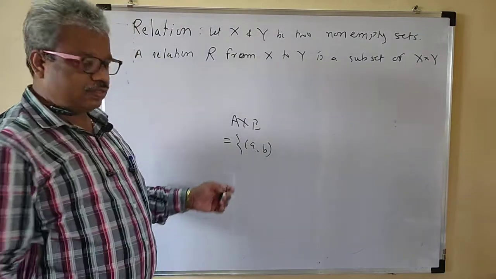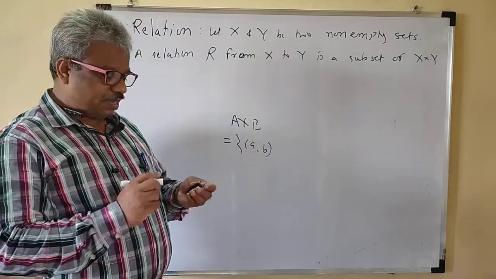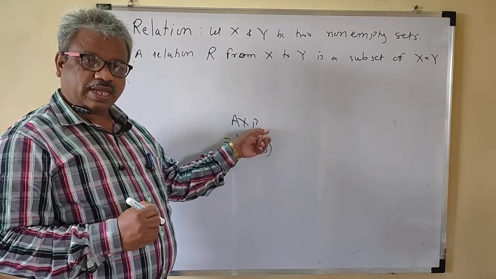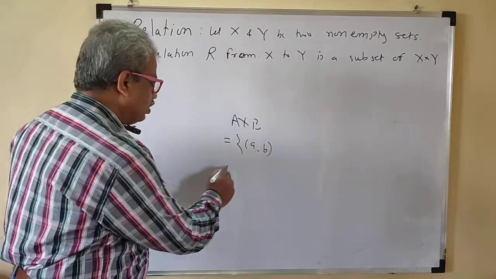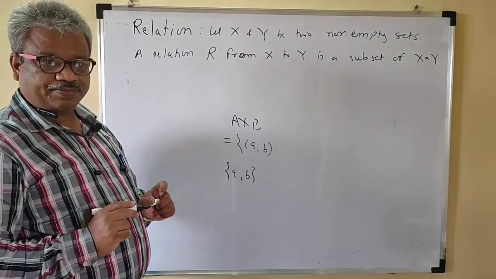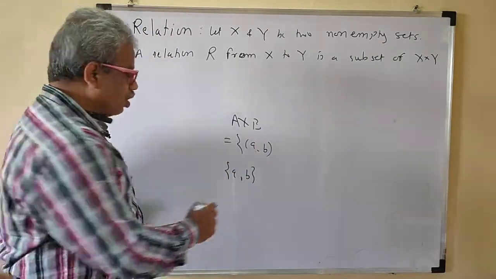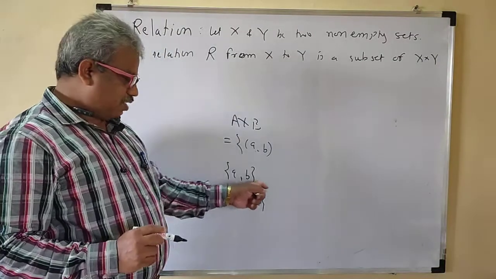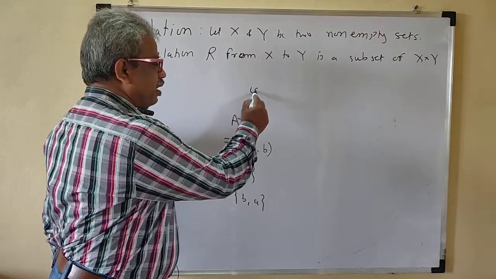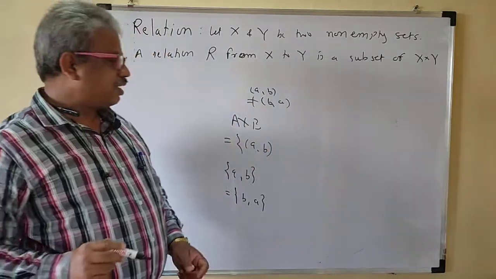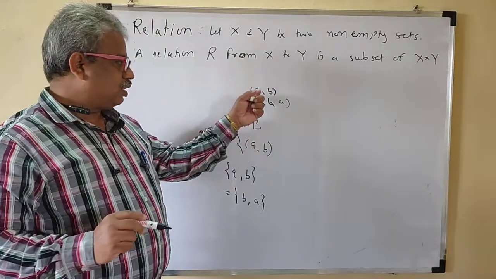Why is it called ordered pairs? Because the way of writing the element is very important here. So a must be from the first set and b must be from the second set. If you write it like this, it is a pair, but not an ordered pair, because we can write this as (b, a) also. But here (a, b) is not the same as (b, a).